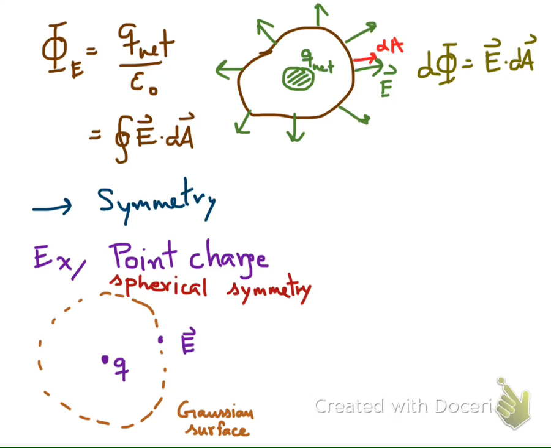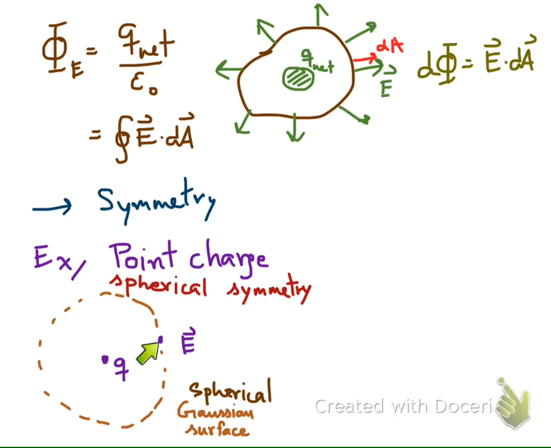It means that if we construct the Gaussian surface here to be a spherical Gaussian surface, and we look at each point on this surface, we should expect some symmetry in the electric field, right?